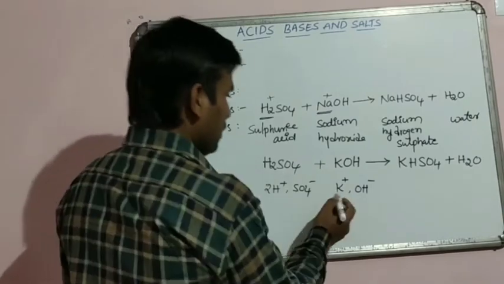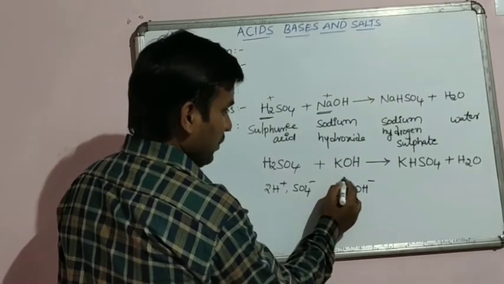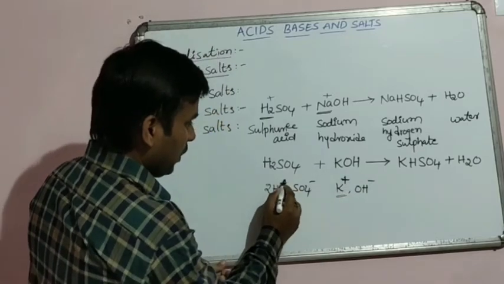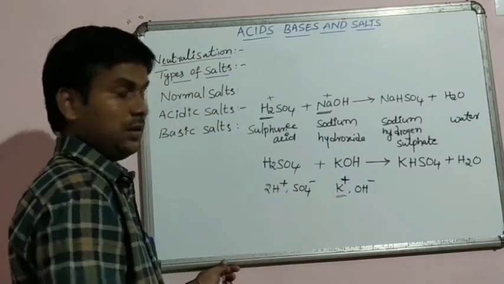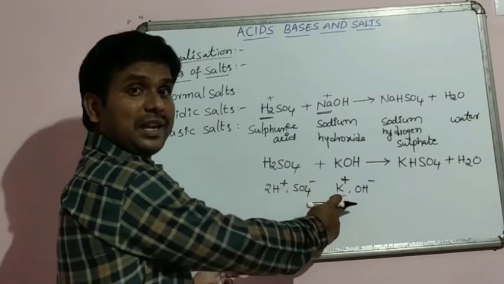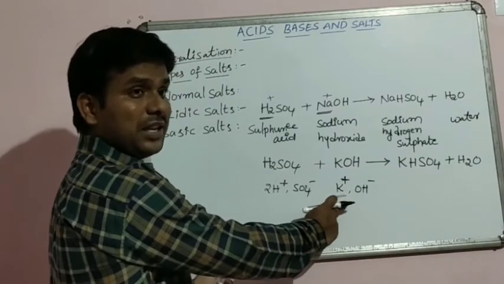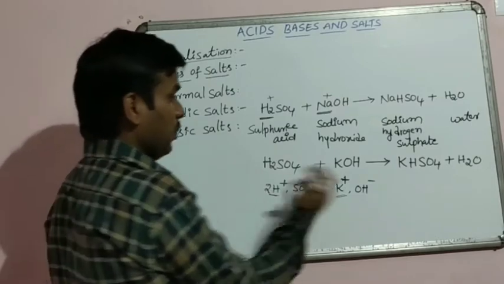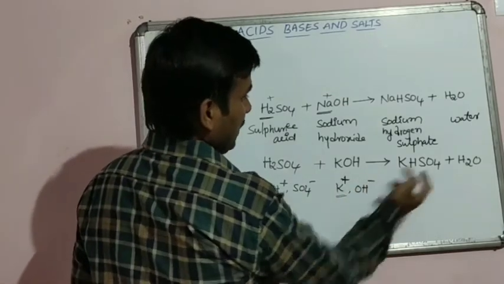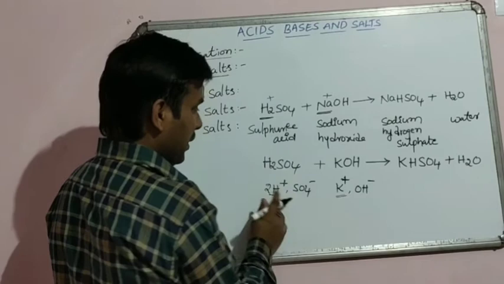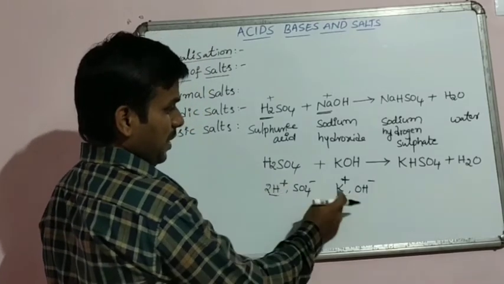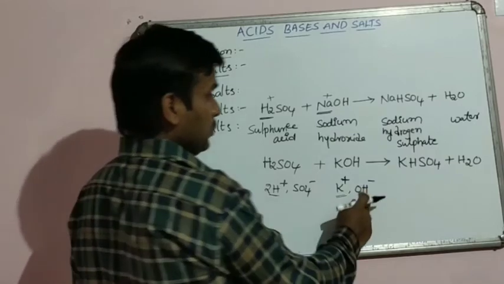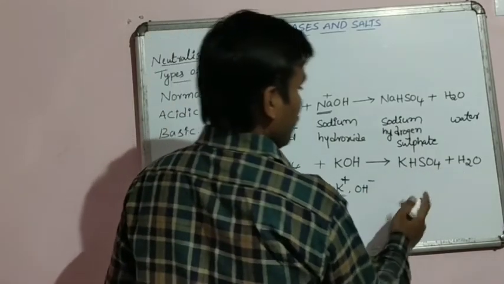Here only one positive charge, potassium, replaces one positive charged hydrogen. That's why only one K plus is there. This one K plus replaces one hydrogen and the remaining hydrogen stays like this, forming KHSO4.